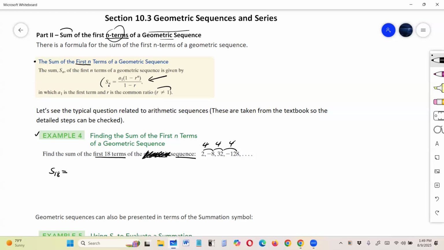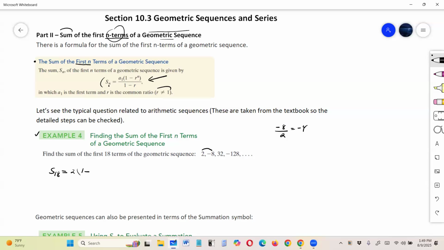The first term is 2. 1 minus, I have to find the ratio. Now, the ratio is always a sub n divided by the previous. In this case, minus 4. Now, be very careful.